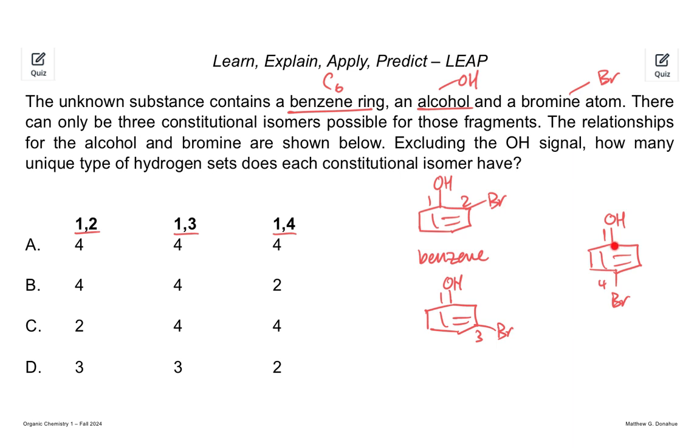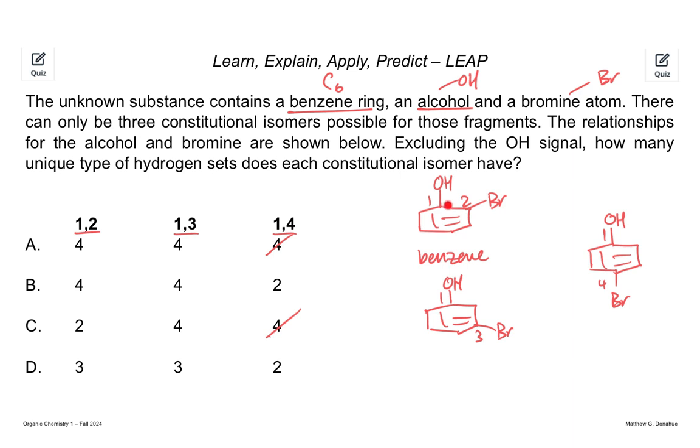If you look at the 1-4, this basically has an element of symmetry where these hydrogens are the same and then these hydrogens are the same. So we're going to ignore that H for now. So the 1-4 has 2 unique sets. So we can eliminate A and C.